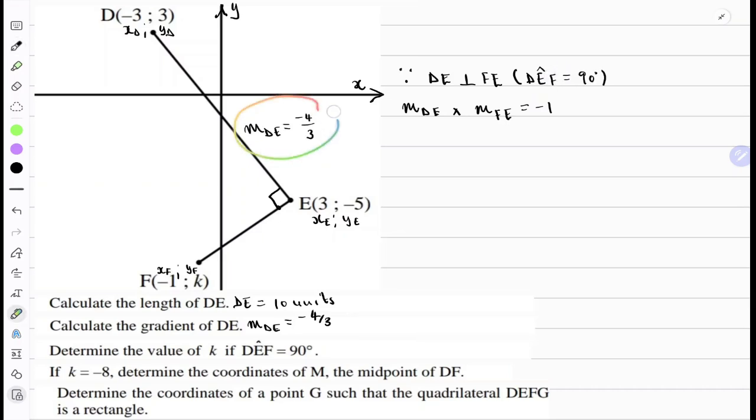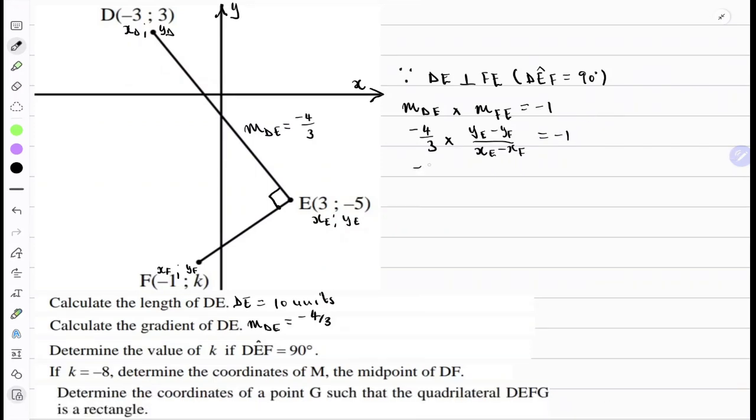So we've already established the gradient of DE to be -4 over 3, so we can substitute that into the formula. -4 over 3 multiplied by, we can use the gradient formula here. So we can say ye minus yf over xe minus xf, and this should give us -1.